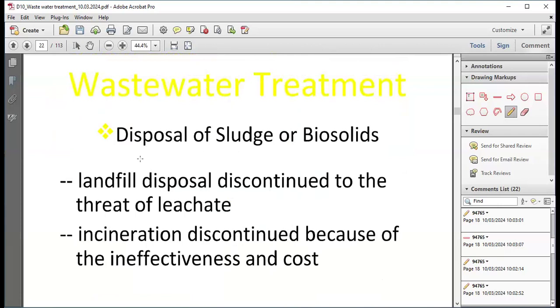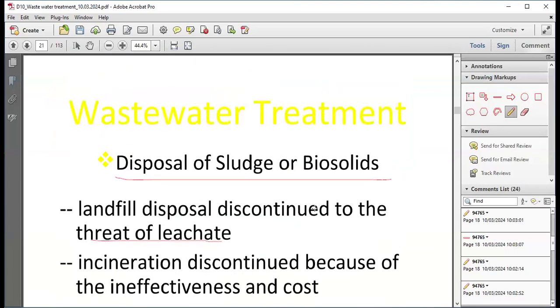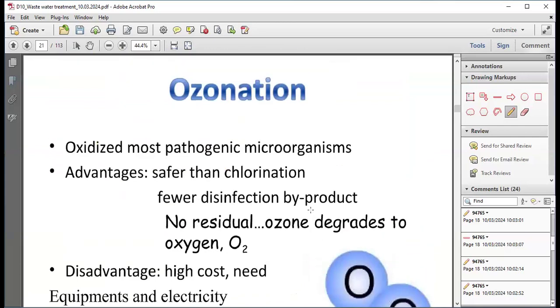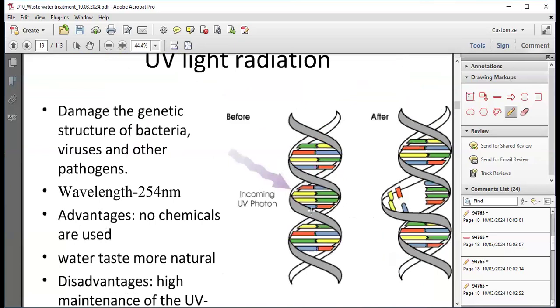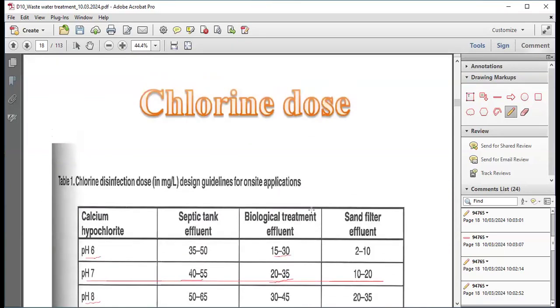Wastewater treatment, disposal of sludge, this one. Biosolids, landfill disposal continues to the treatment of leachate. The incineration continues. This is the chlorination loss.